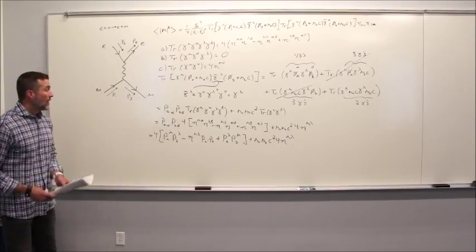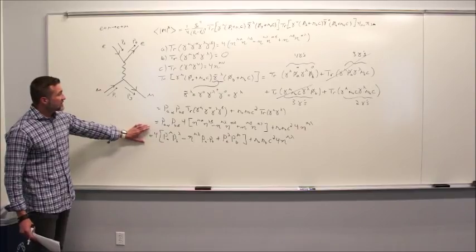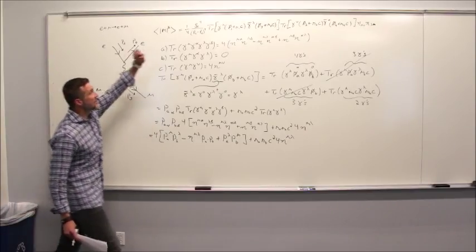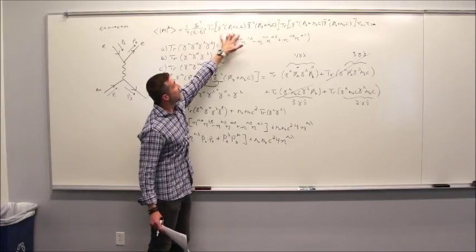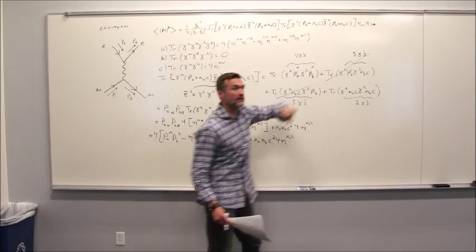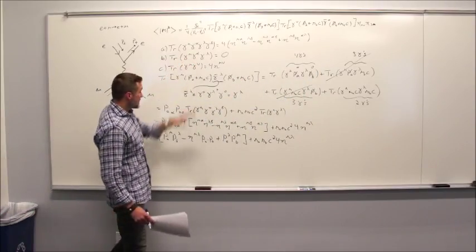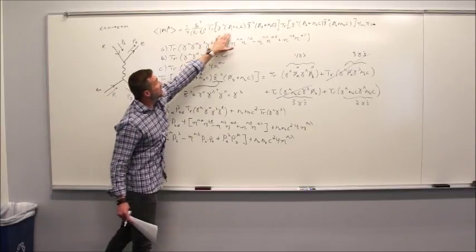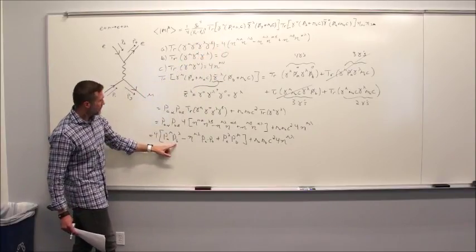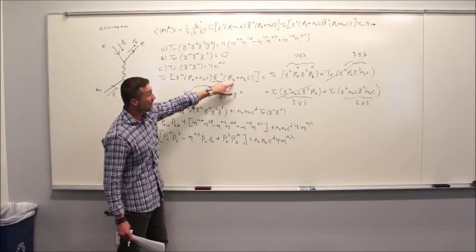So what this means is that we can take an expression like this, and we can plug that expression in for each of these traces. Okay? And you've got to be very careful because in the first case, you're going to associate A with 1 and B with 3.